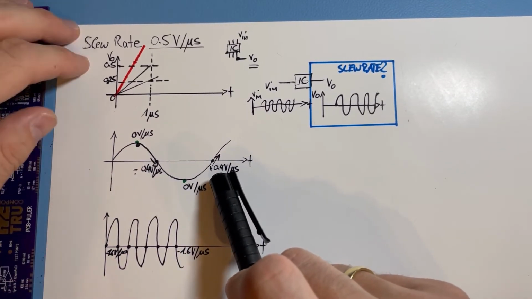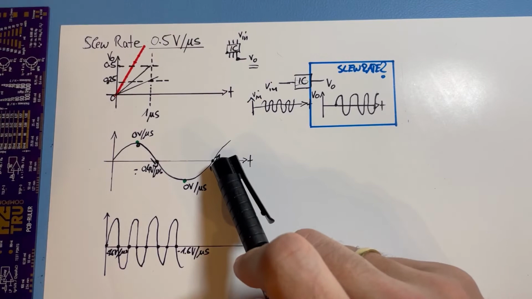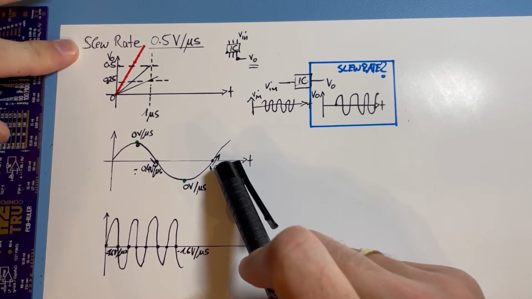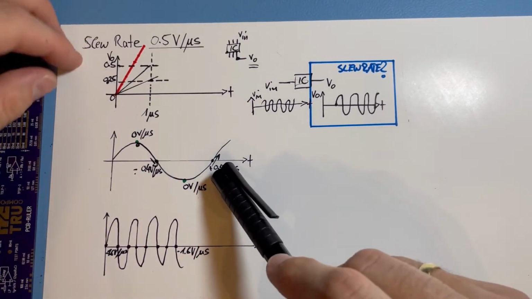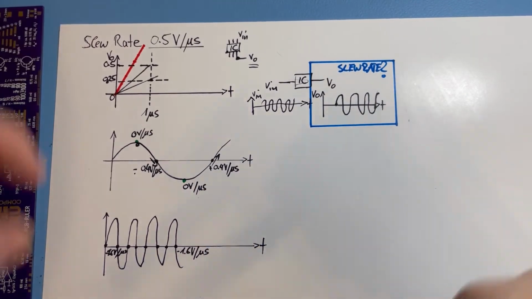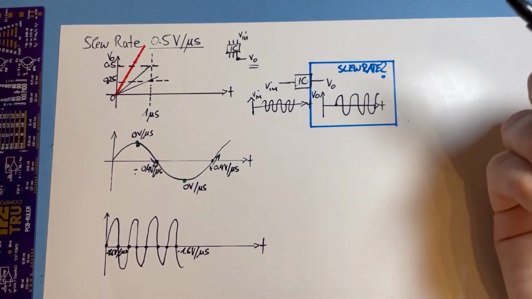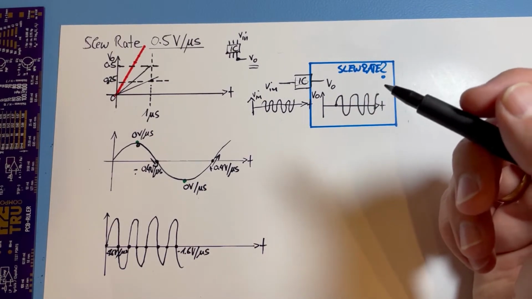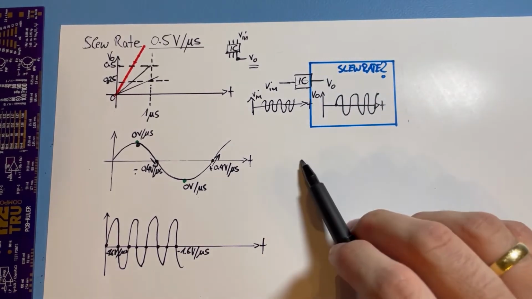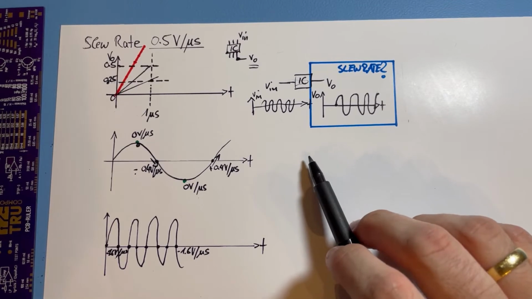And then when you have that, you can see, okay, is your slew rate good enough for that or not? And the cool thing is, all of our signals that we deal with in practice in electronics have frequencies.